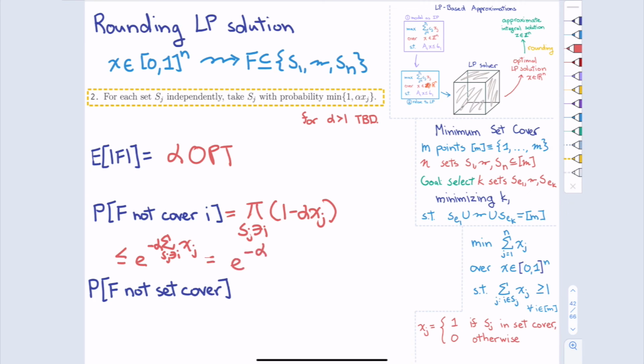So this is exponentially small in alpha. That means I only have to increase alpha by a moderate amount and really drive down the odds of messing up this point. Now if I want to look at the odds of covering all of the points, how might we do it? What's the first step? Union bound.